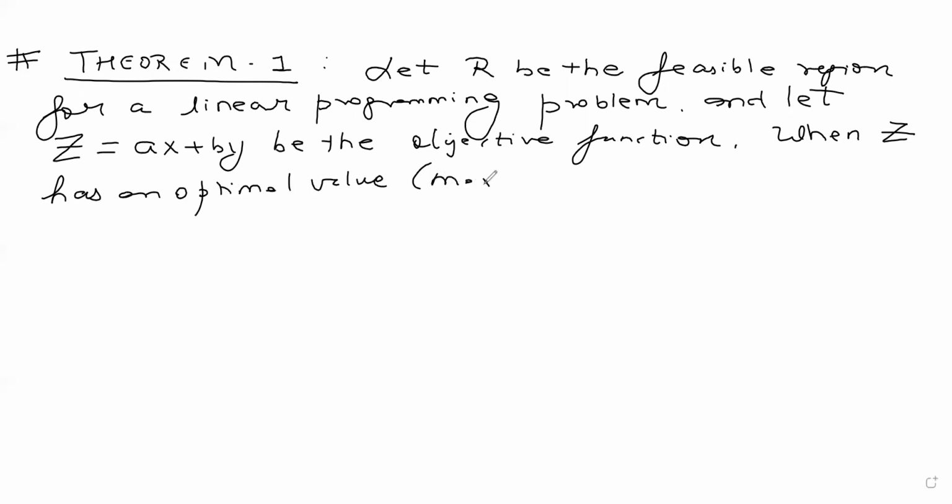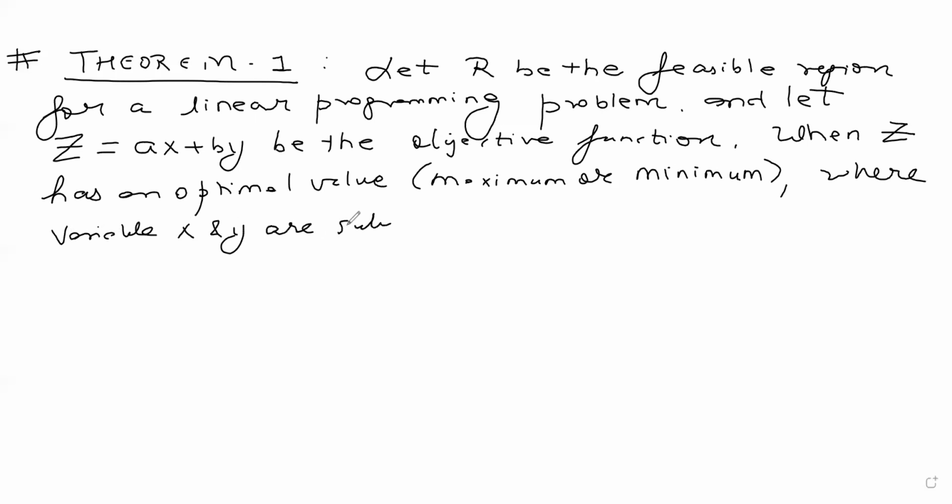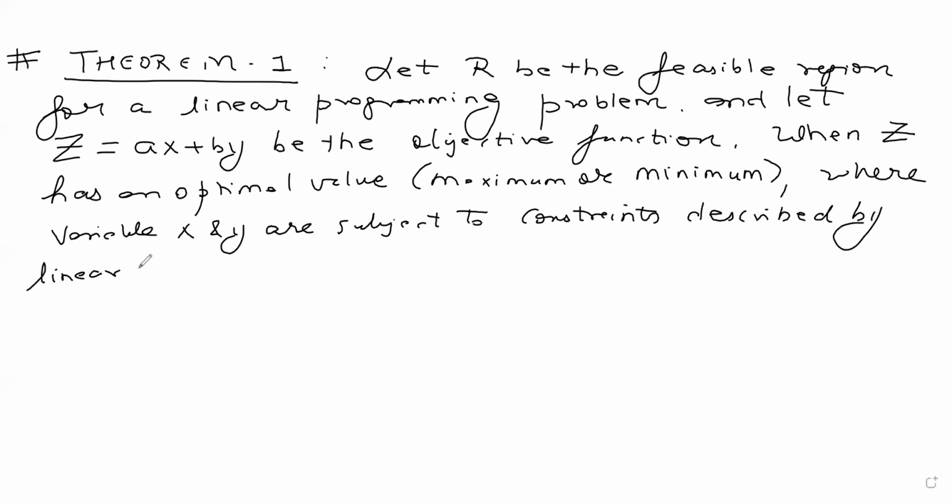The theorem says when Z has an optimal value, which can either be maximum or minimum, where the variables X and Y are subject to the constraints described by the linear inequalities, this is the main statement now.